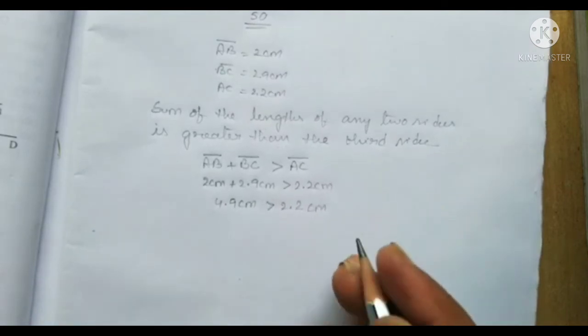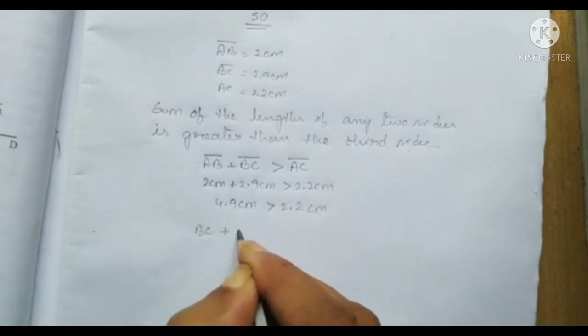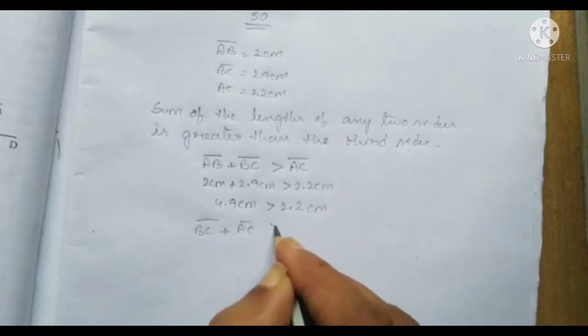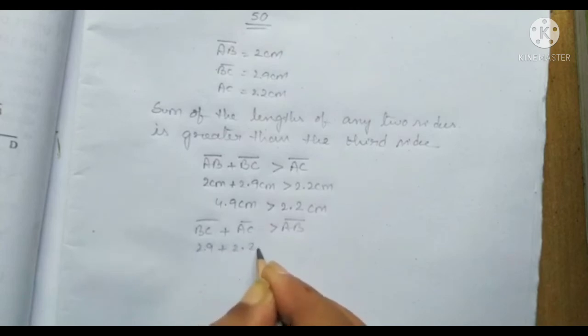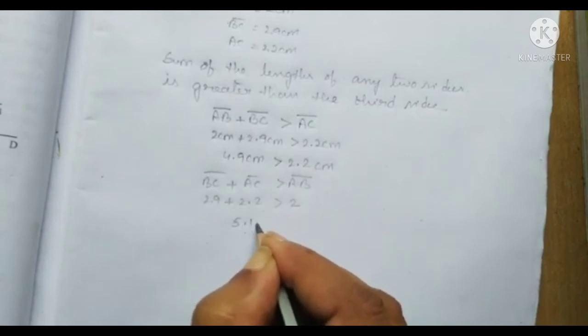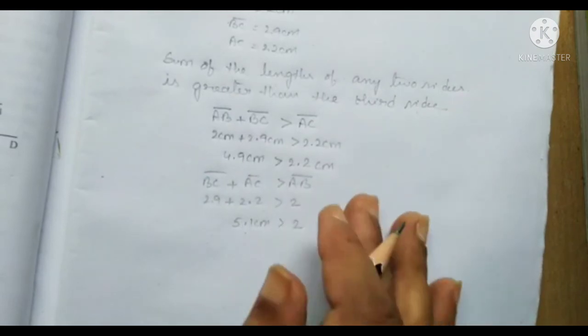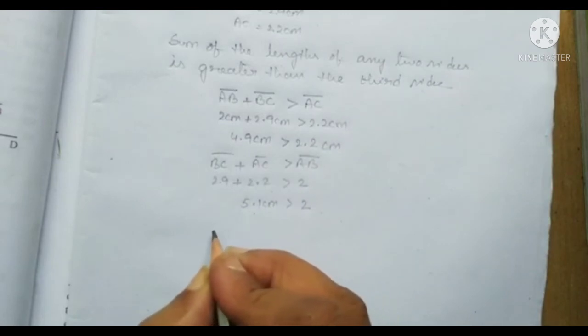Like that, find out the remaining sides also. BC plus AC is greater than AB. BC equals how much? 2.9. AC is 2.2, greater than 2. 2.9 plus 2.2 is 5.1 centimeters, which is greater than 2. Like that, compare the remaining two sides.